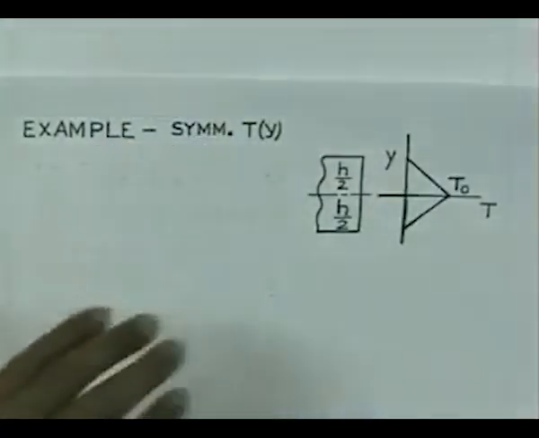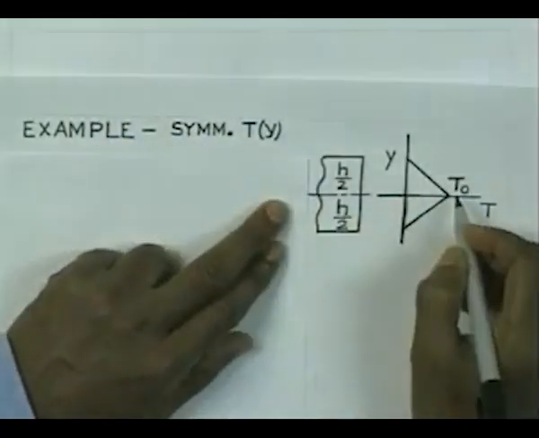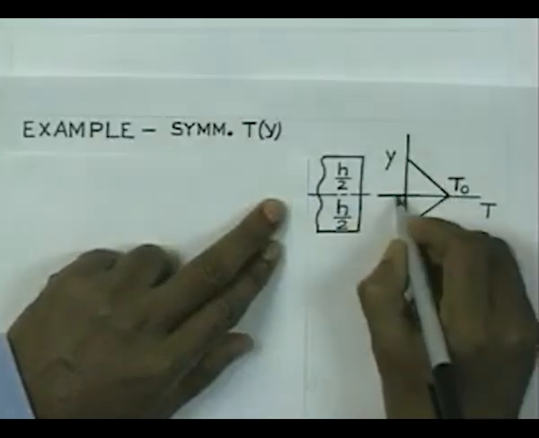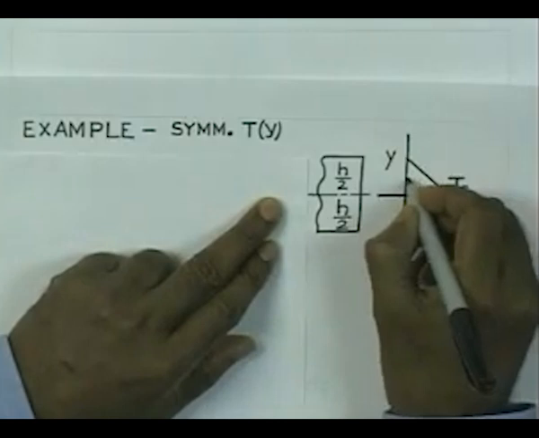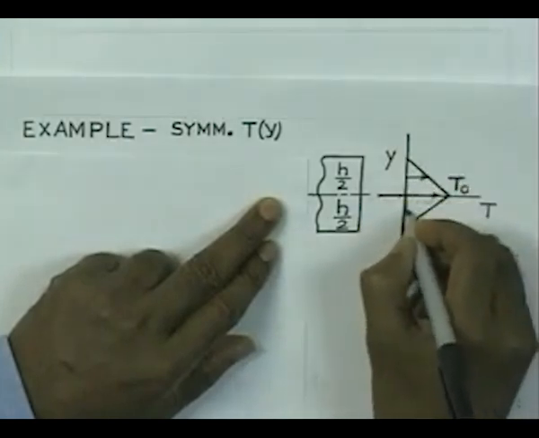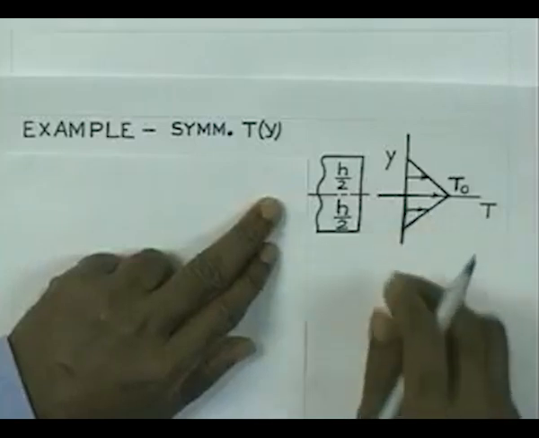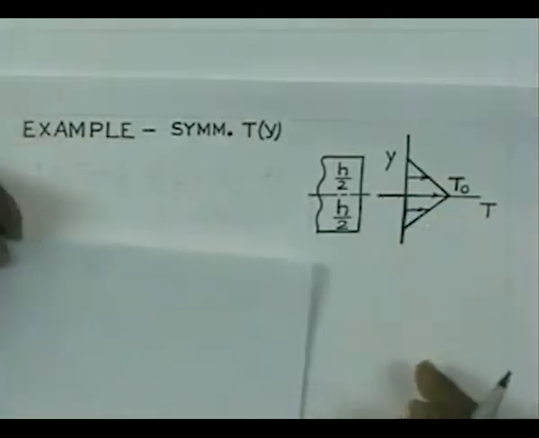So, let us consider one case here. Temperature distribution is given by the symmetric function Ty, which is shown here. We plot the temperature in this direction T, and this is the y direction, and therefore, you have temperature, let us say this is positive temperature, meaning that you are raising the temperature, and that is having maximum value at the center of magnitude equal to T0.